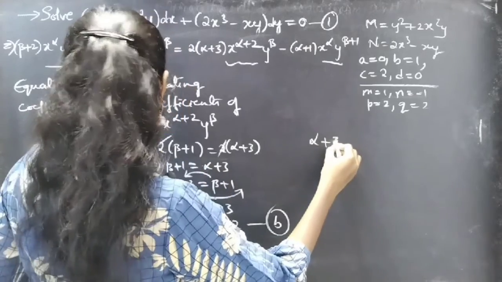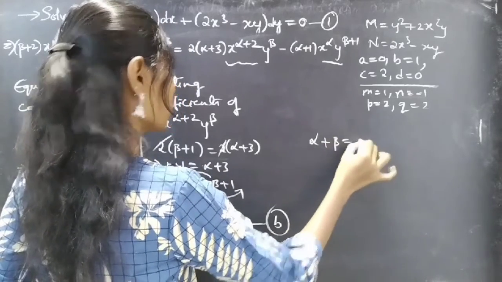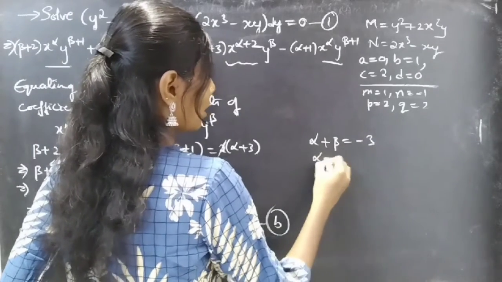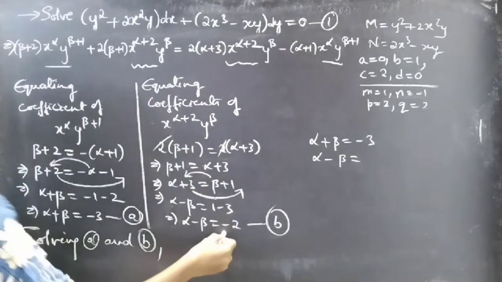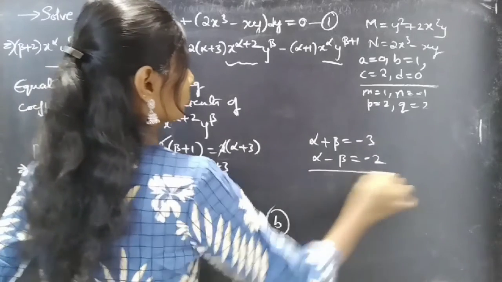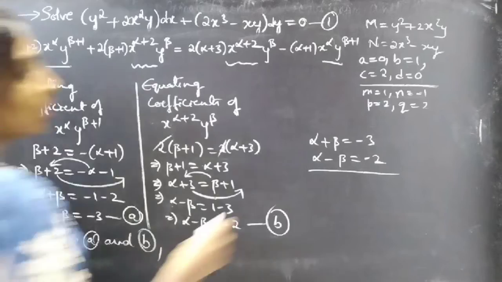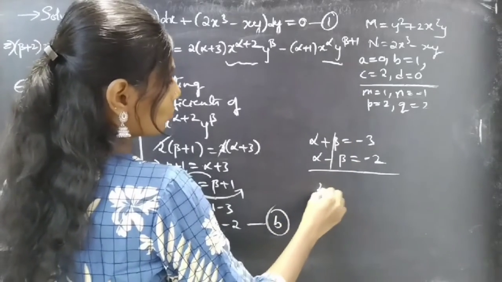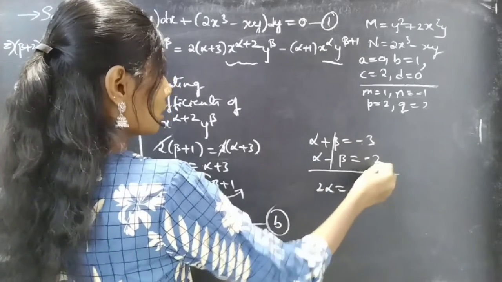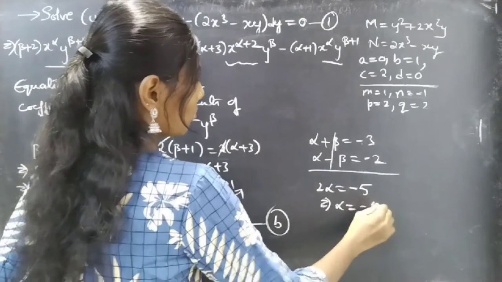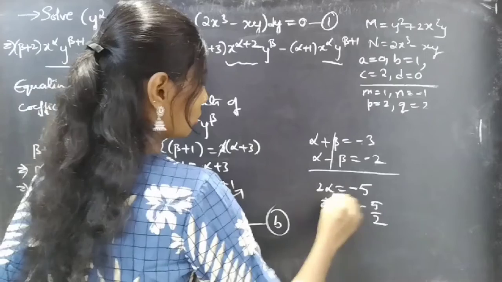Alpha plus beta equal to minus 3, alpha minus beta equal to minus 2. Here plus beta minus beta gets cancelled, you'll get 2 alpha equal to minus 3 minus 2 is minus 5. From this we'll get alpha equal to minus 5 by 2, right?